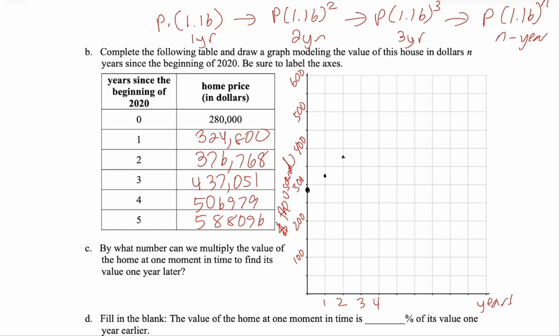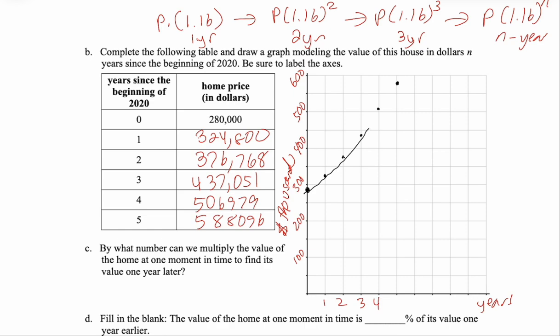Year 3, we jumped all the way up to 437. So that would be about there. Year 4, we jumped to just over 500. And then year 5, we jumped closer to, but not quite 600.